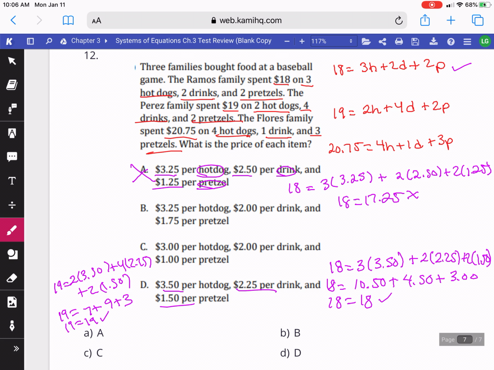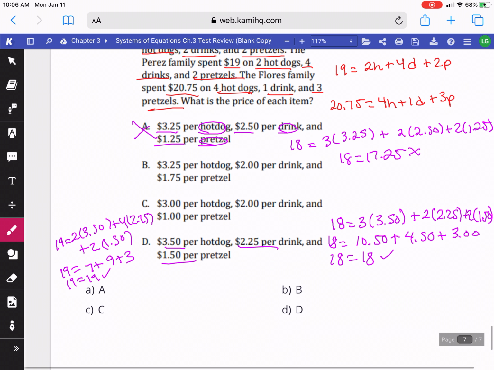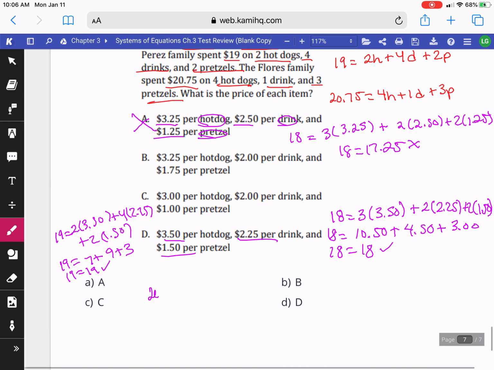And then you would also want to check it for that third family, the one that's $20.75. So that one would be 4 times $3.50 plus 1 times $2.25 plus 3 times $1.50.